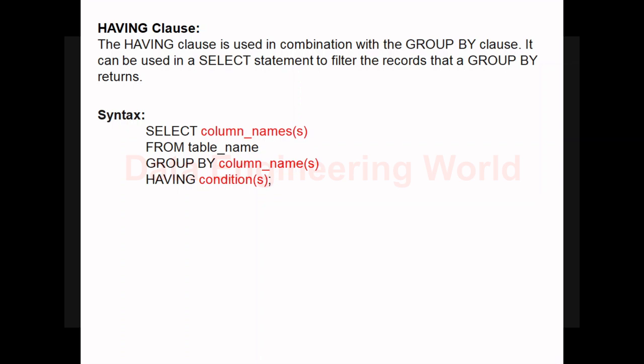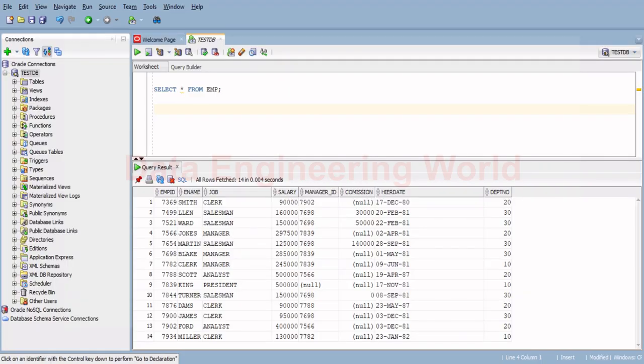Let's switch to SQL Developer and see some examples of using the having clause along with group by. So let's prepare a query to get the maximum salary from our table based on job and department number columns.